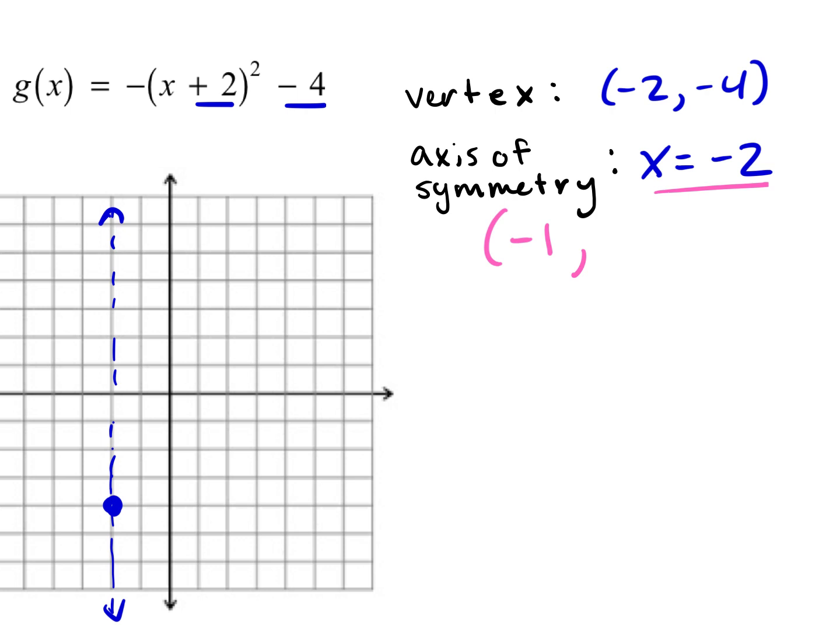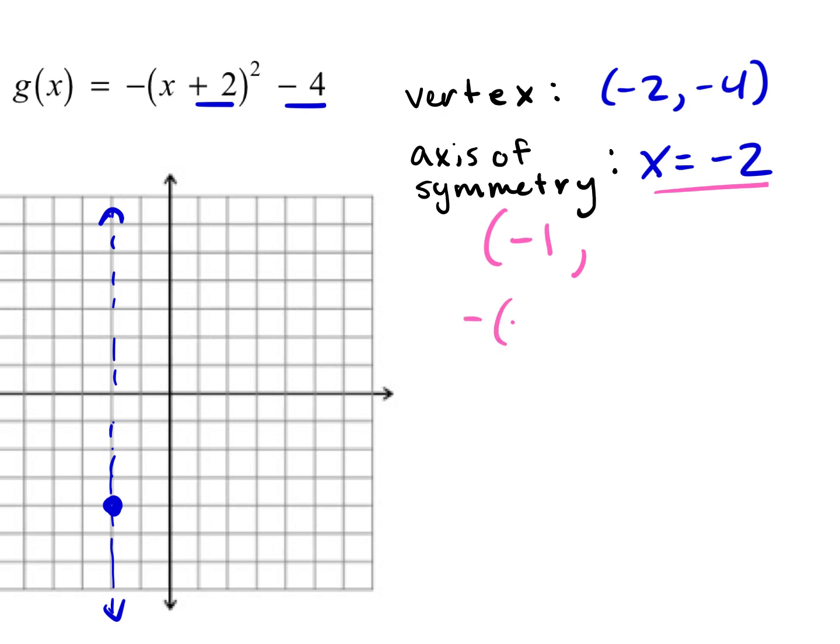So we picked -1 to find another point. What do we do to find the other half of our point? What do we do with the number that we picked? We have to plug it into the equation.